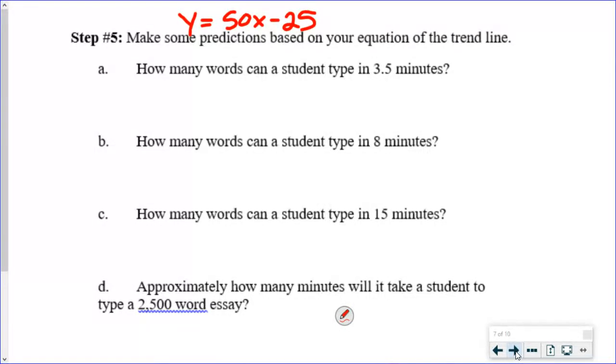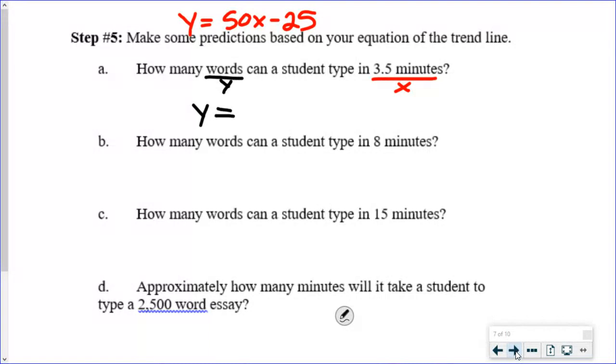Now, step 5. Remember, if you look at the front, x is minutes and y is words. Minutes are x. It says predict based off of your equation. So how many words? Words are y. We don't know how many words.